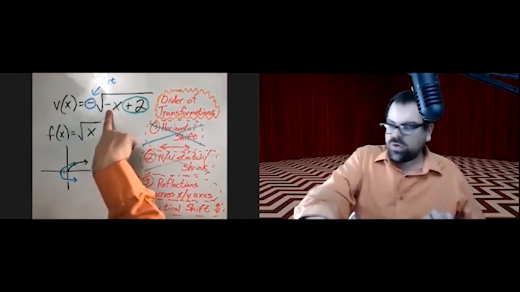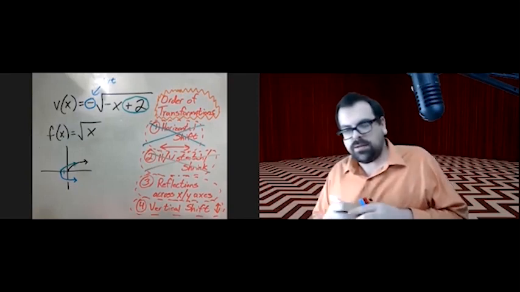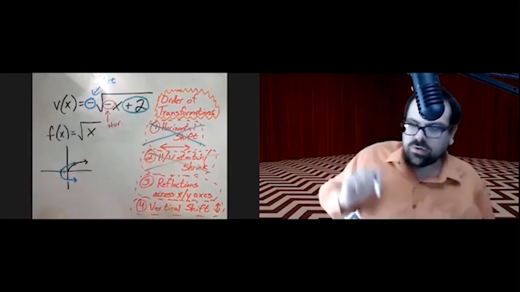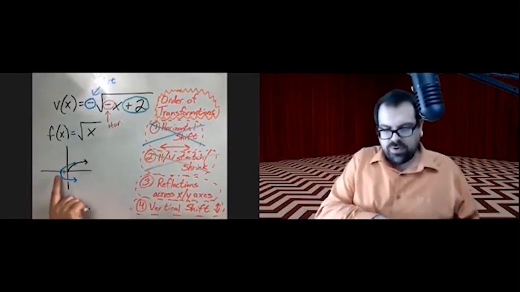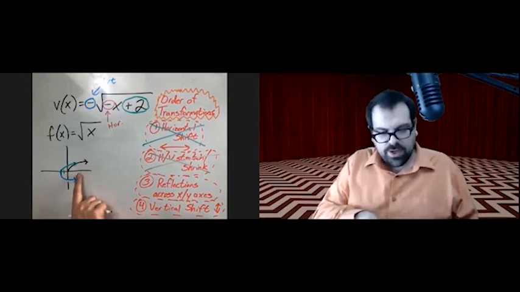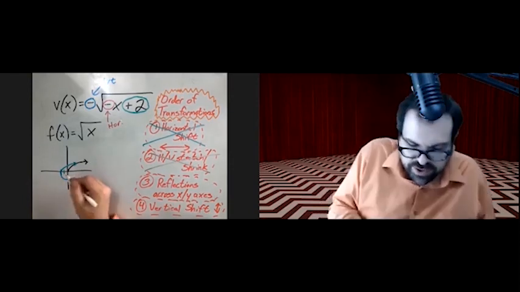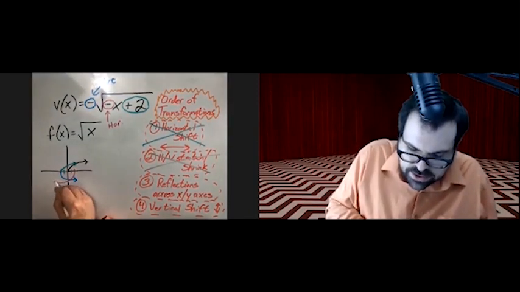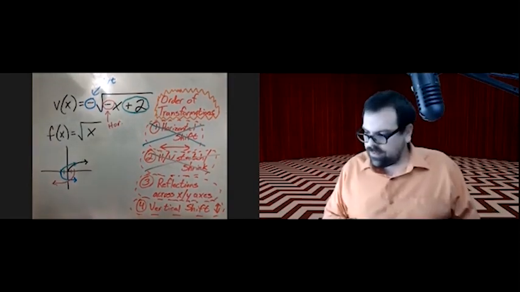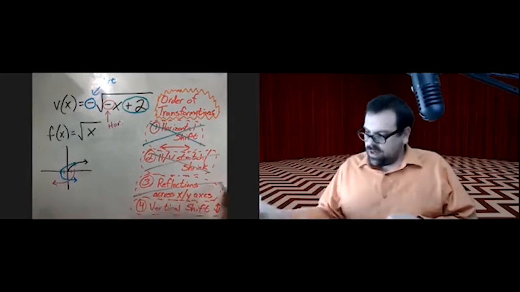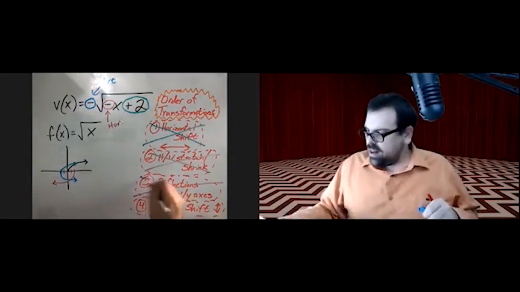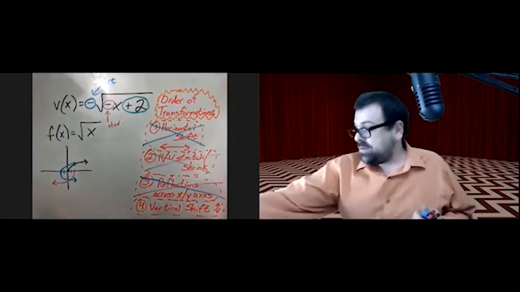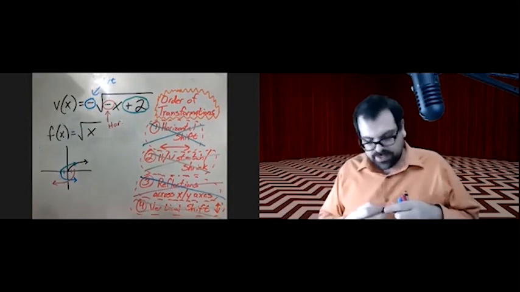And then this one on the inside, that is our horizontal flip, our flip across the y-axis. So all of the points from over here move over here. Since we were 2 to the left, we would be 2 to the right. So our reflections, they're done. And then vertical shift, we don't have anything on the outside added or subtracted. So that one's done too.